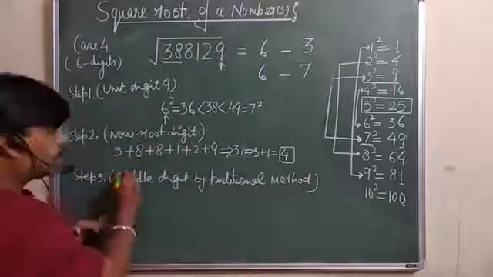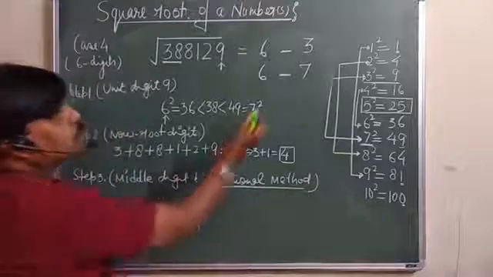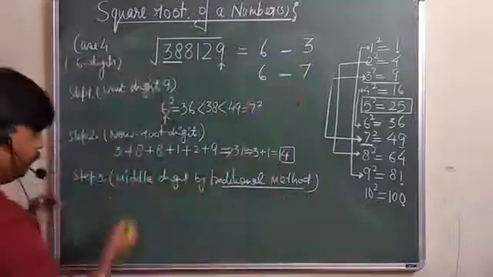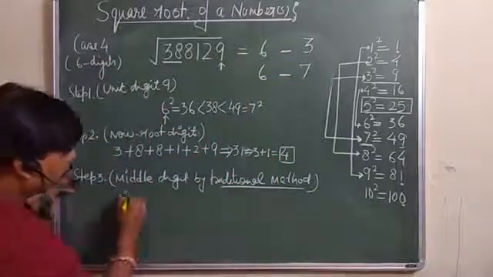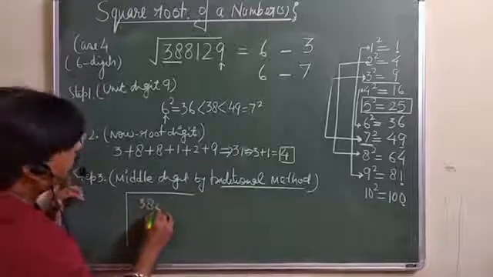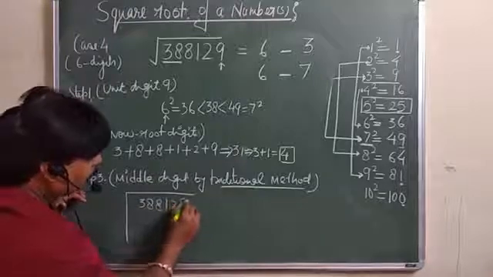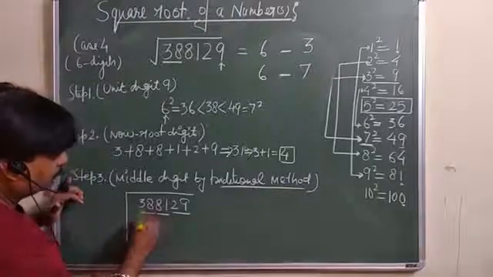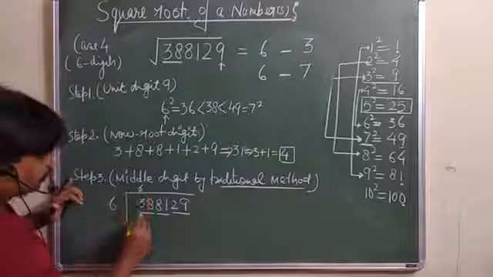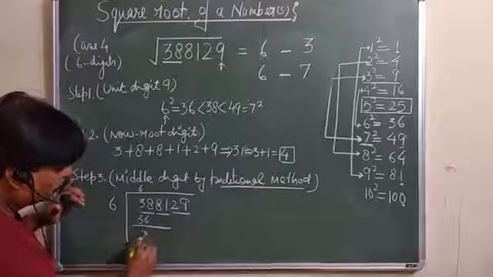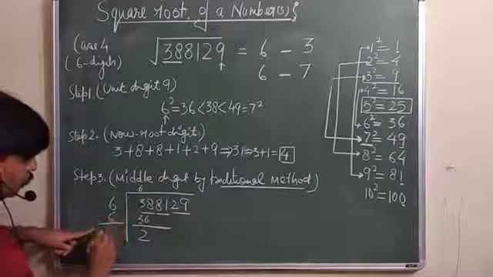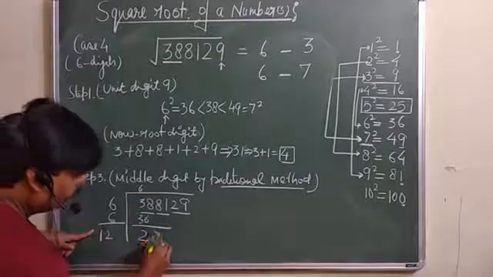Now by the traditional method you are supposed to find out this one only. See, according to that your number is 388129. We will make the pairs 29, 81, and so on. So 6 times 6 is 36. Subtract. This 6 we will add here, 12. Take down 81.